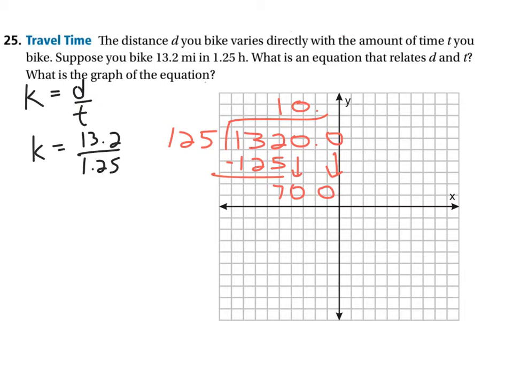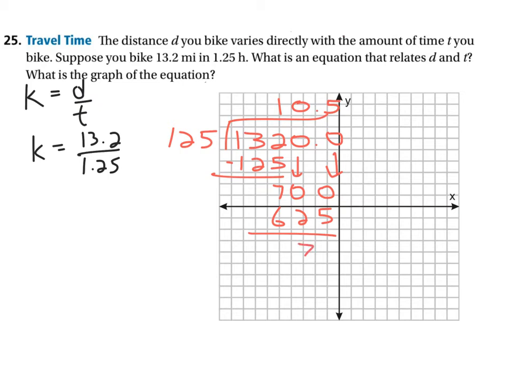So what about 5? 125 times 5. 12, carry the 1, 625. That was 5 times. And when we subtract that, we get 75.